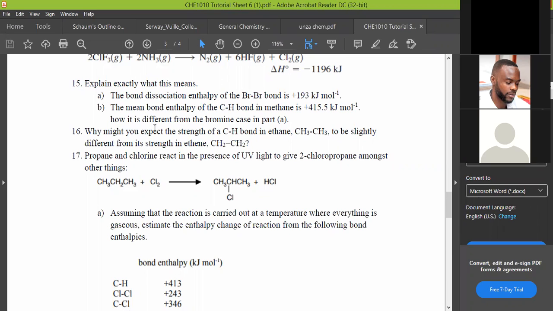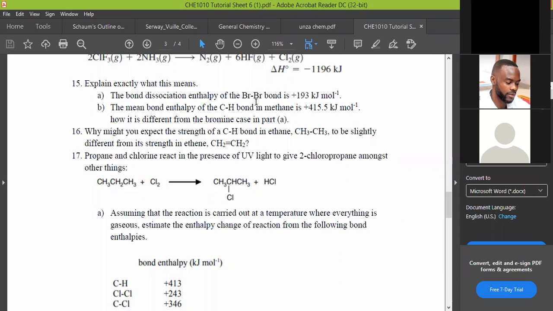How is it different from the bromine in case A? How it is different is that bond dissociation energy is the energy required to break the bond. Bond enthalpy, again, is not an average here, whereas this one is an average, meaning a methane molecule has 4 C-H bonds, and all 4 of those have an average of this.